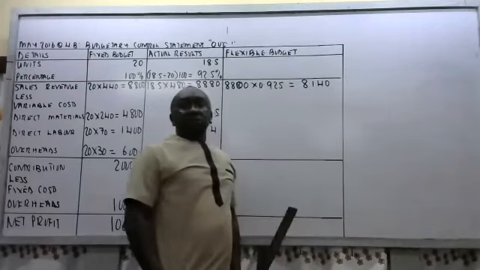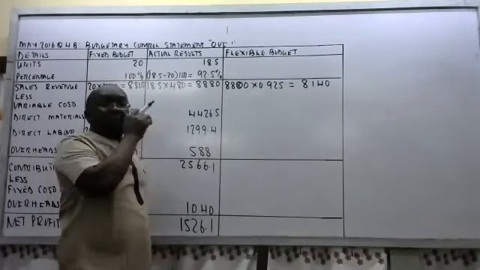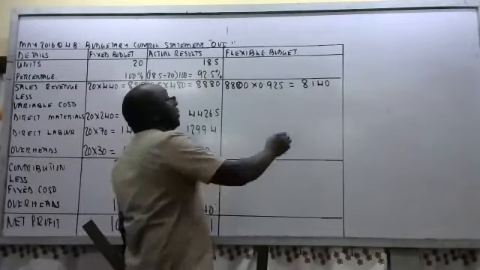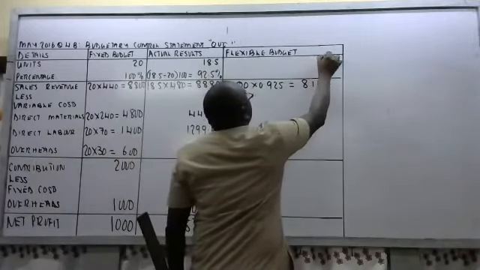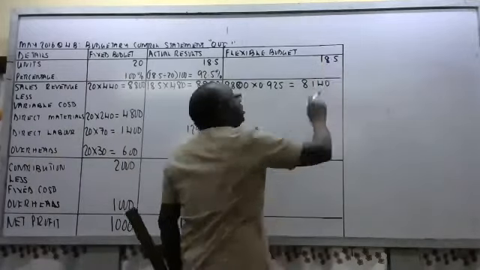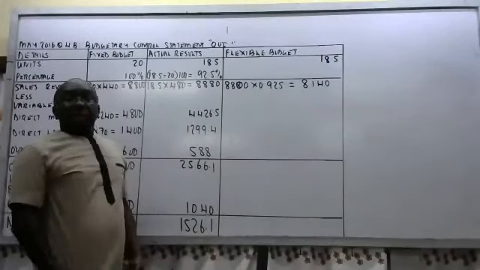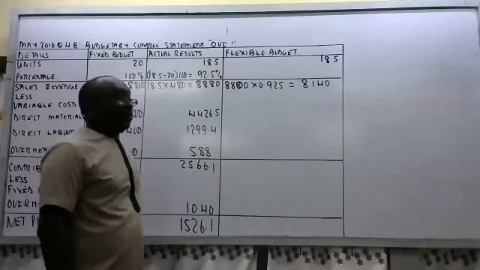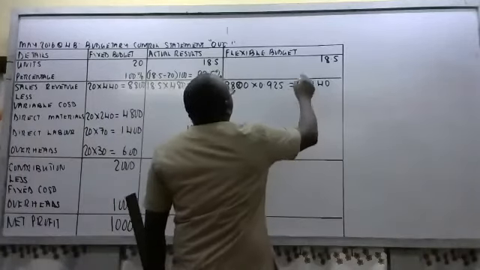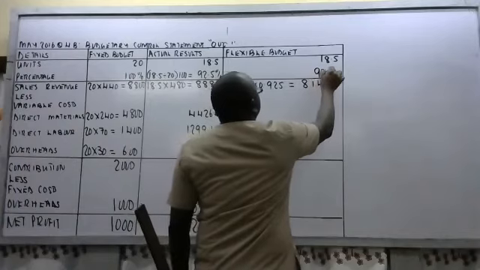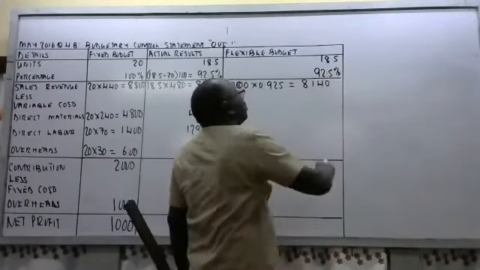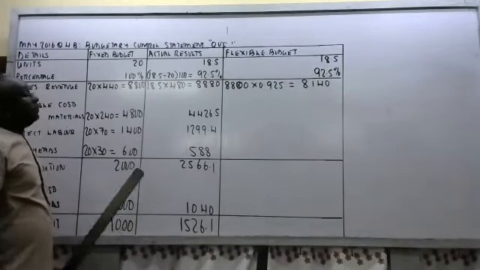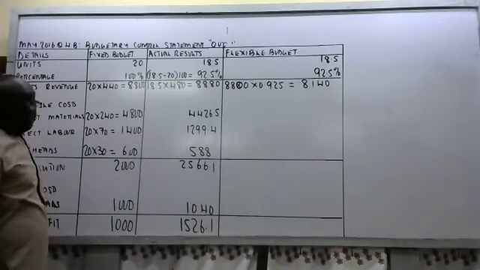And why do you do so? It is because these units of the actual, these ones, they are the ones you assign to the flexible. The units of the flexible are the units of the actual, and the same thing happens with the percent. So this one is 92.5. That's why we are multiplying with the percentage.